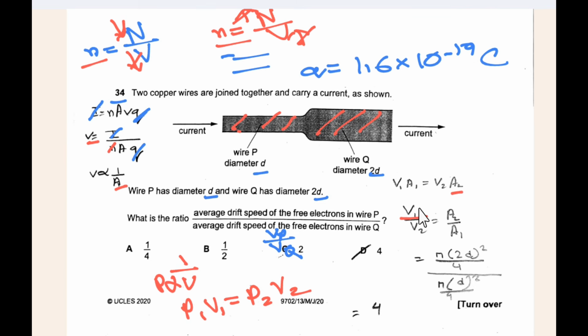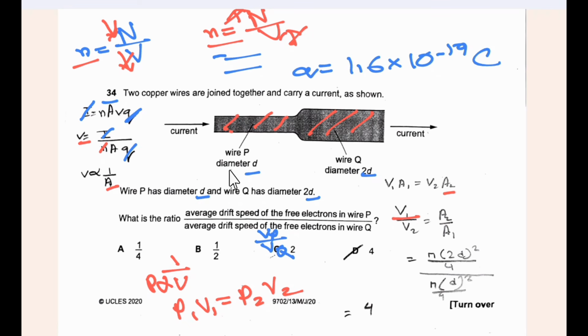After substituting the diameter of P as D and the diameter of Q as 2D, and cancelling, we get the ratio as 4. So the ratio of Vp by Vq is 4, and the answer should be 4.